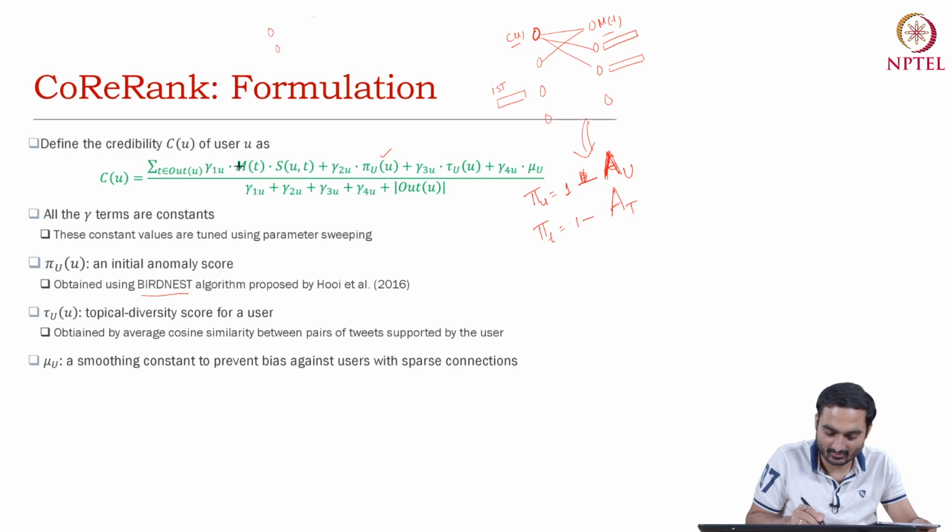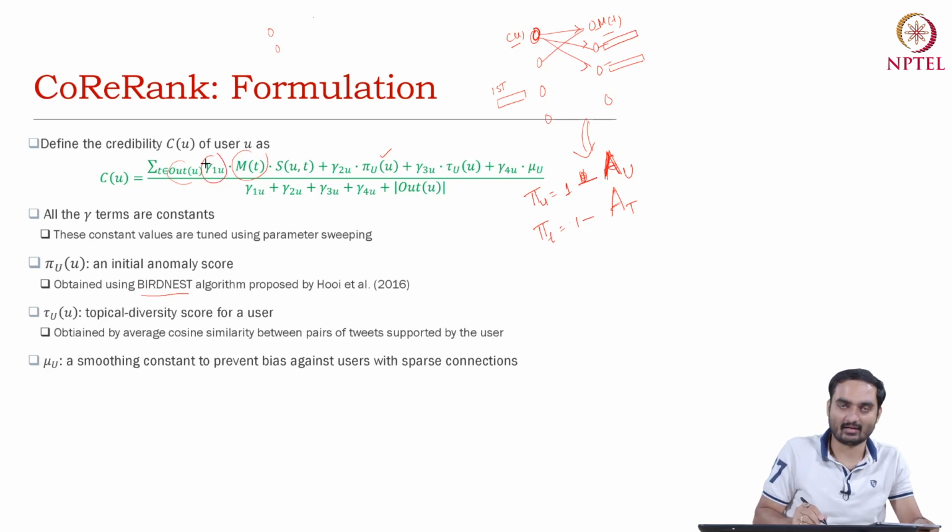Then we also take the sum of all the merit scores of the tweets that the particular user has retweeted. So for all the outward edges of a particular user u, you take the sum of all the merits, and it is parameterized by this gamma.